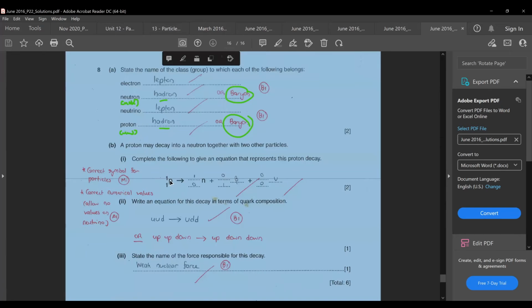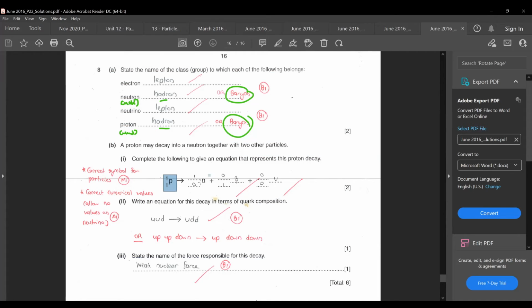Okay, so proton decays to neutron, plus positron, plus neutrino. So n with 1 and 0, beta with 0 and 1, and then v with 0 and 0.